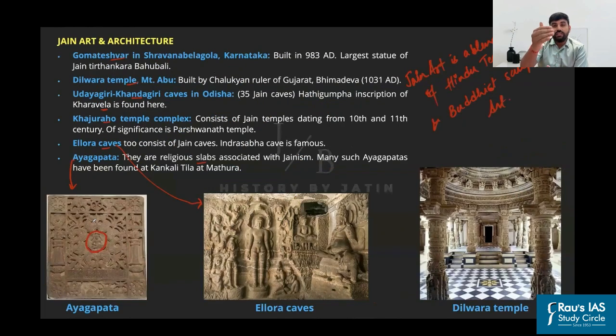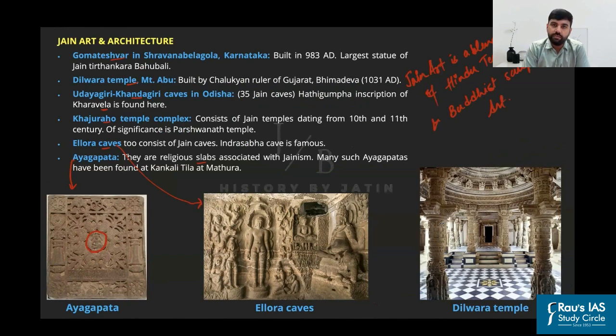Now, just go through these different examples and find out whether there is anything which they have not borrowed, anything indigenous. Tell me, is there anything in Jain art which is separately different, which you have never seen anywhere else? So, understanding and remembering, Jain art is very simple.